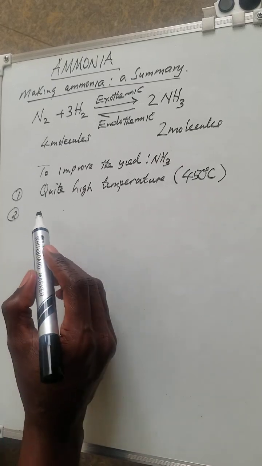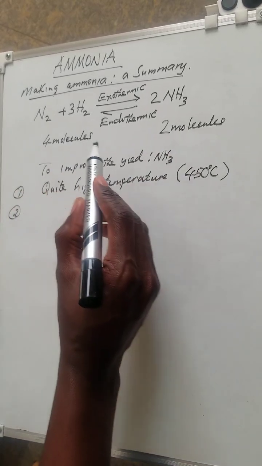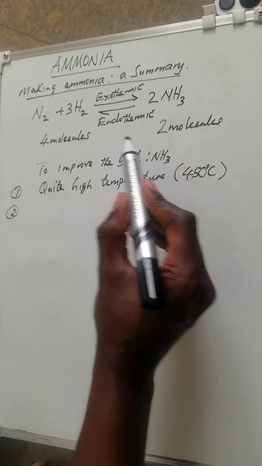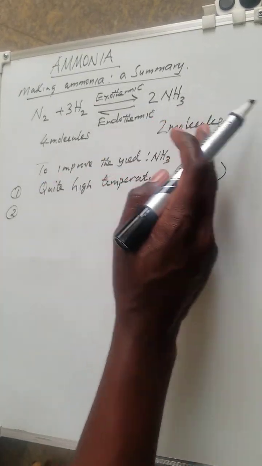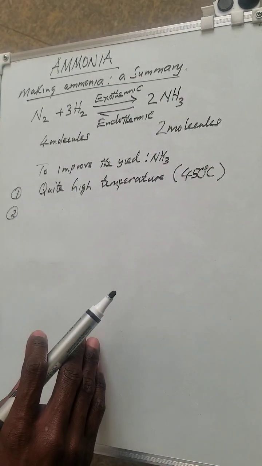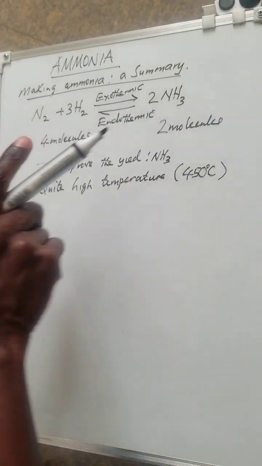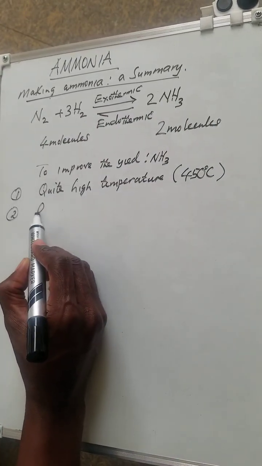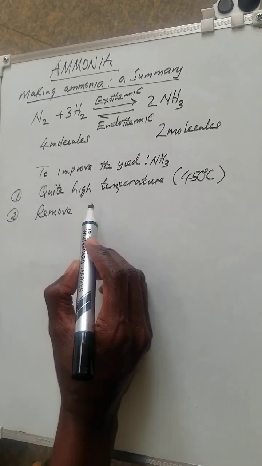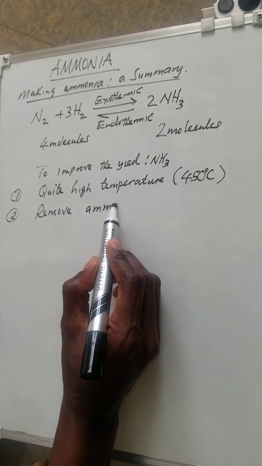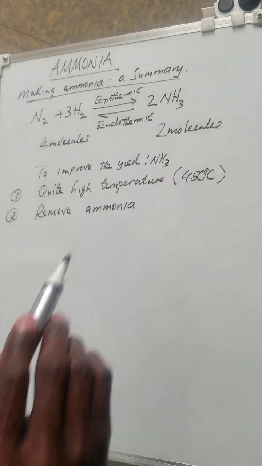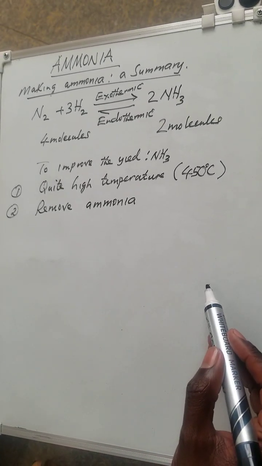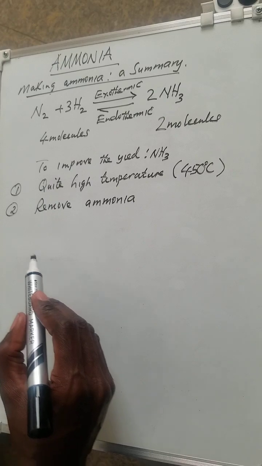Two, according to Le Chatelier's principle, if you want more ammonia to be produced, it simply means that you can remove ammonia so that it favors the forward reaction. So when you remove ammonia, it is going to favor the forward reaction.